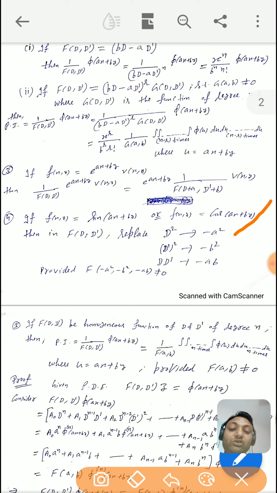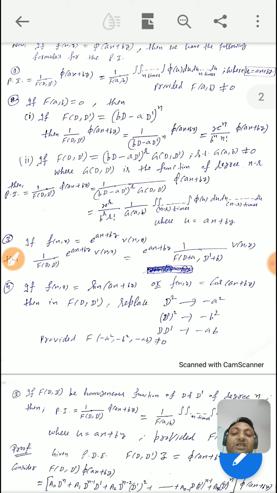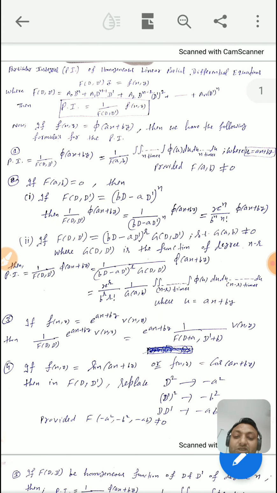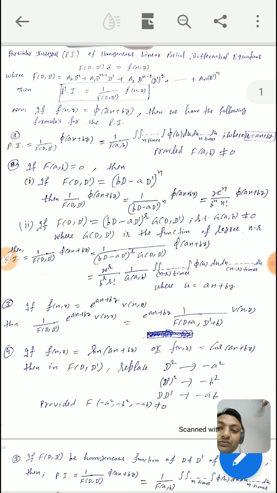So we will replace D squared by minus a squared, D' squared by minus b squared, and DD' by minus ab, provided that the denominator after substituting these values will not be equal to 0. So we are now going to prove all these four results, especially these three results, because for the fourth result we just give the justification. So the proof of the first result, first of all we will do.